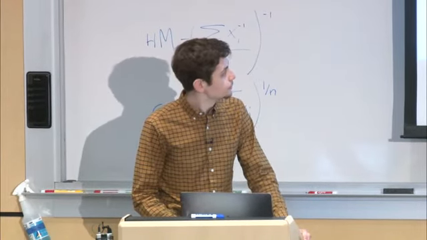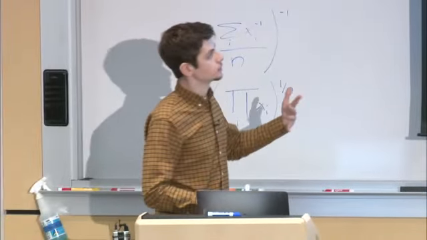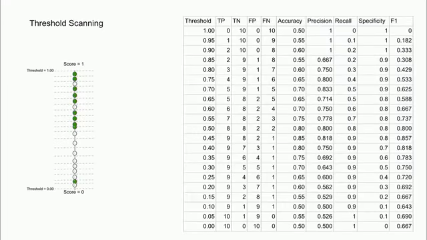So one thing people often ask then is, if you can change the threshold, all these values depend on what threshold you set. But if you don't want to commit to a threshold right off the bat, what can you do? One thing people do is this thing called threshold scanning. They basically just pick a bunch of different thresholds. In this case, we've drawn them out as these dotted lines here on the left.